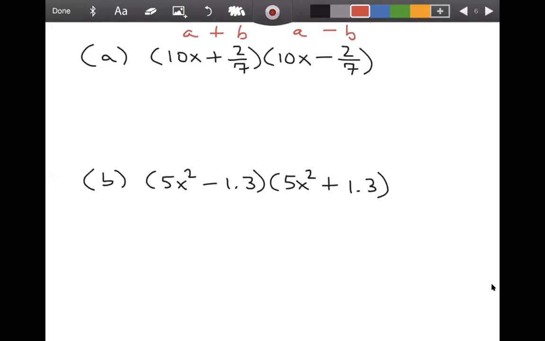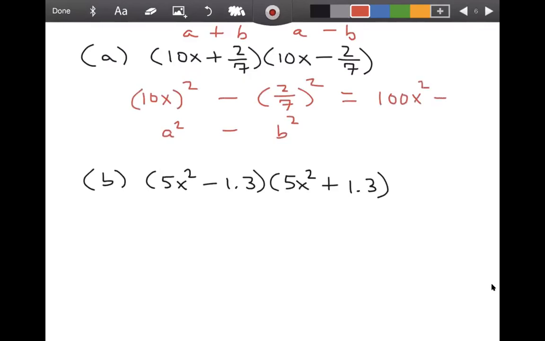When you multiply them together, you get a squared minus b squared. So what I will usually do is just write blank squared minus blank squared, and fill in the blanks with 10x and 2/7. And your final answer is 100x squared minus 4 over 49. That's it.